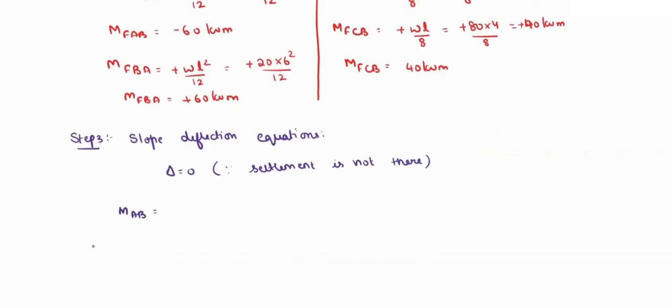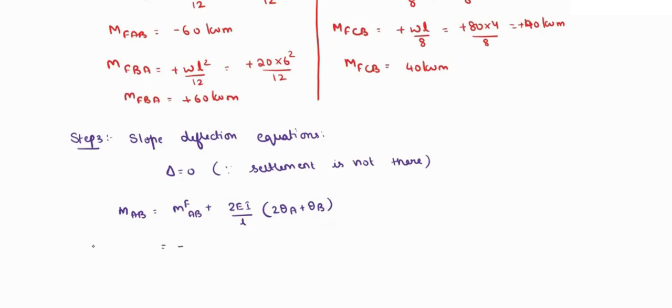So MAB will be equal to MFAB plus 2EI by L into 2 theta A plus theta B. Similarly, MBA will be equal to MFBA plus 2EI by L into 2 theta B plus theta A. So here I am going to substitute the values.